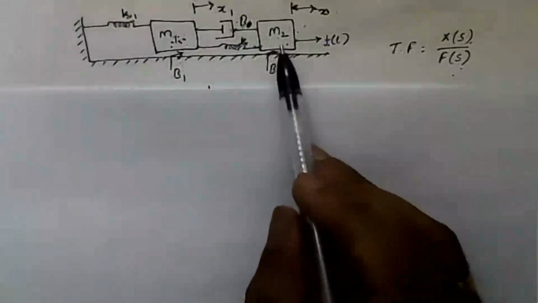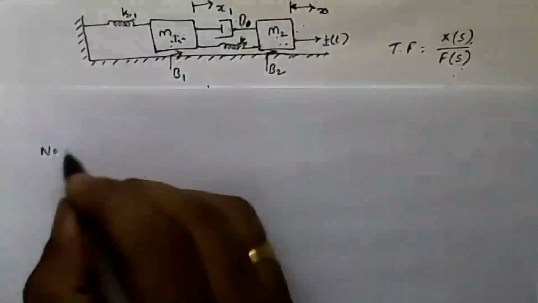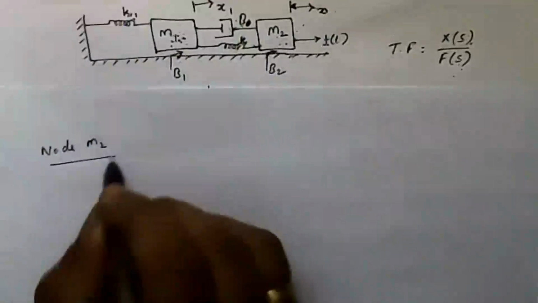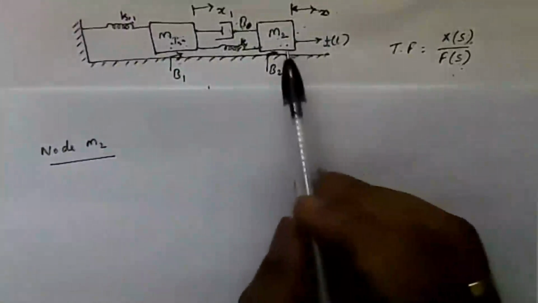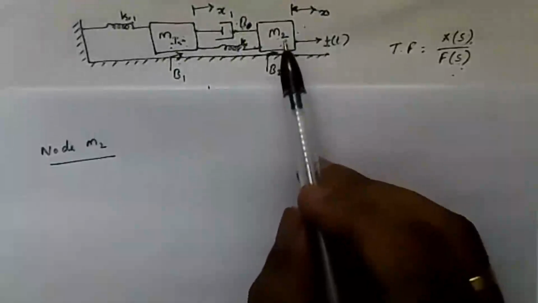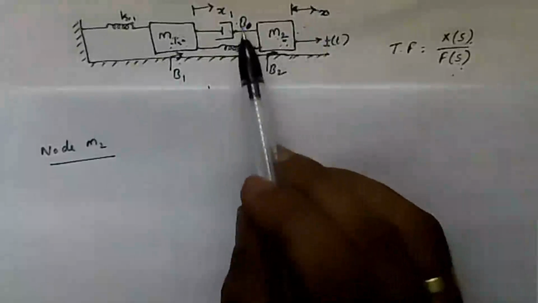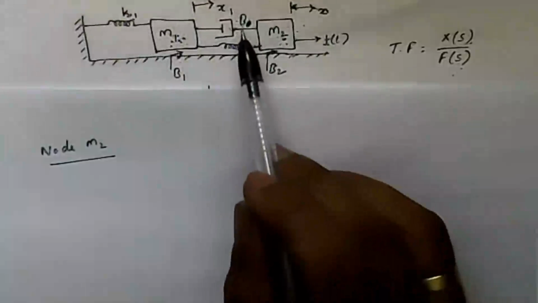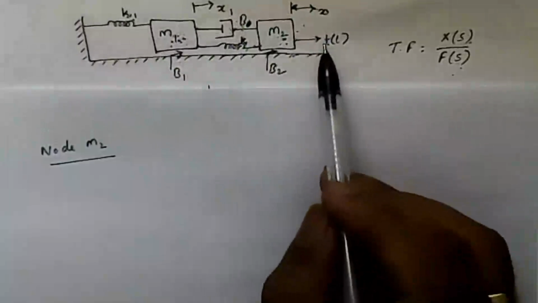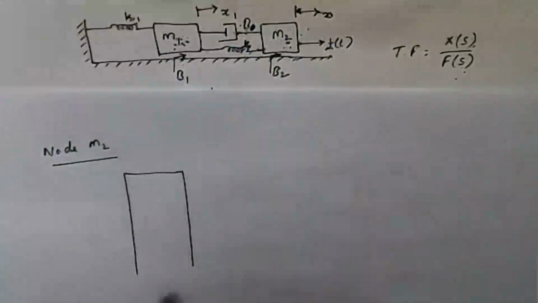Now write the differential equation for the second node, node M2. The opposing forces acting on this node are due to M2 itself, then B2, B, K, and then the applied force F of t. Now draw the free body diagram.